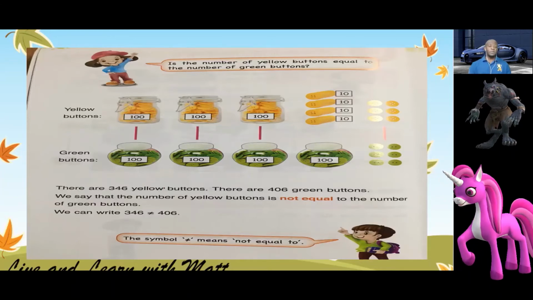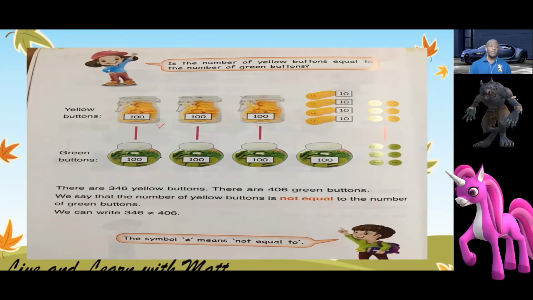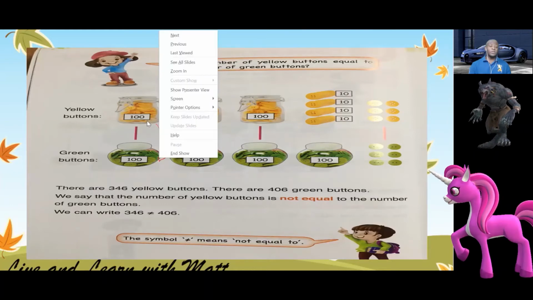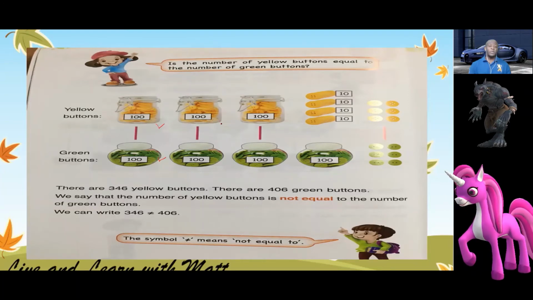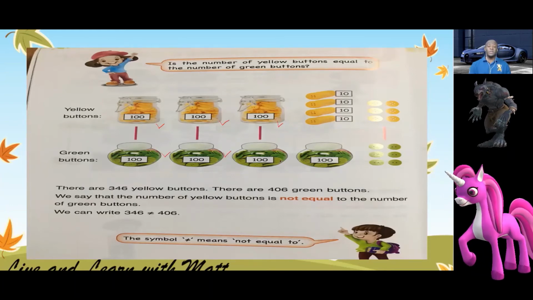Let's take a look. Let's compare. We have 100 green buttons here, another 100 green buttons. We also have 100 yellow buttons, another 100 yellow buttons, 100 yellow buttons, and another 100 yellow buttons.